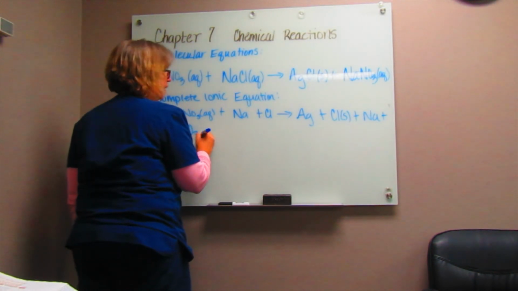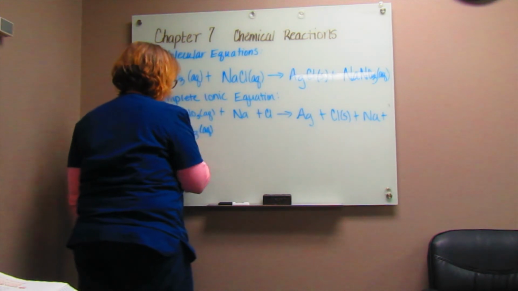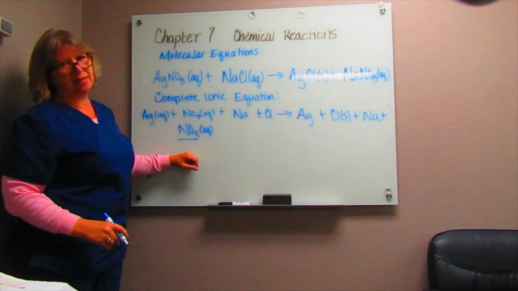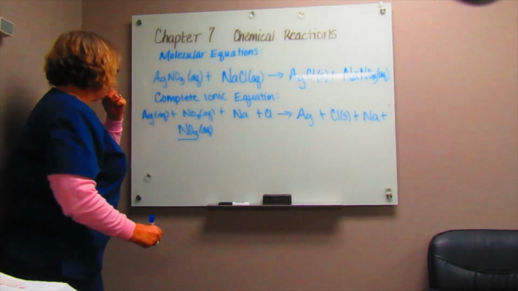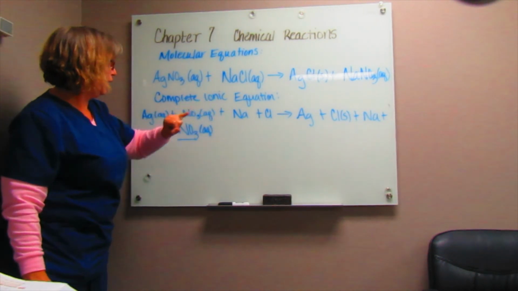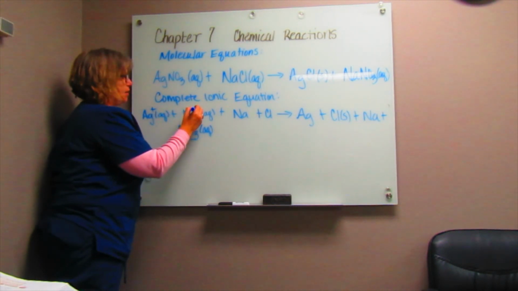But you'll notice that on these polyatomic ions, we're leaving these together. These always stay together, right? So when you write your complete ionic equation, you always want to write your charges for your substances.